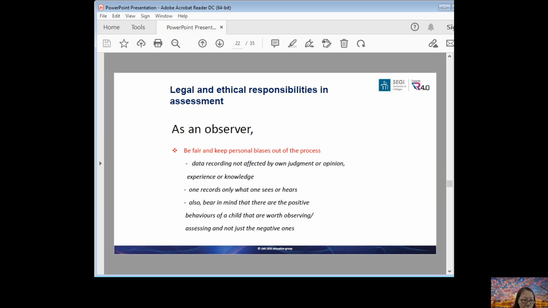As an observer, you also have responsibilities. Be fair and keep personal biases out of the process. When you observe, you only record down what you see and what you hear. We are not asking you to do interpretation straight away.